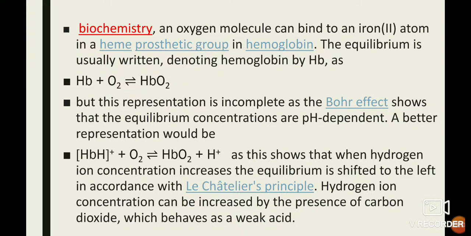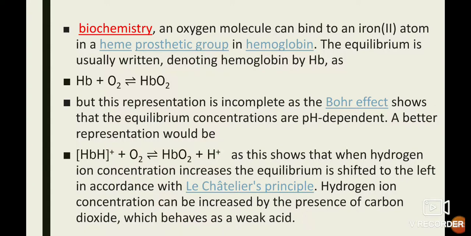A decrease in CO2 and an increase in pH results in hemoglobin picking up more oxygen.